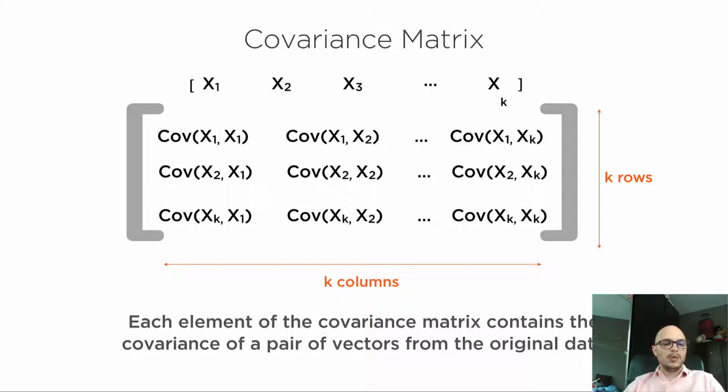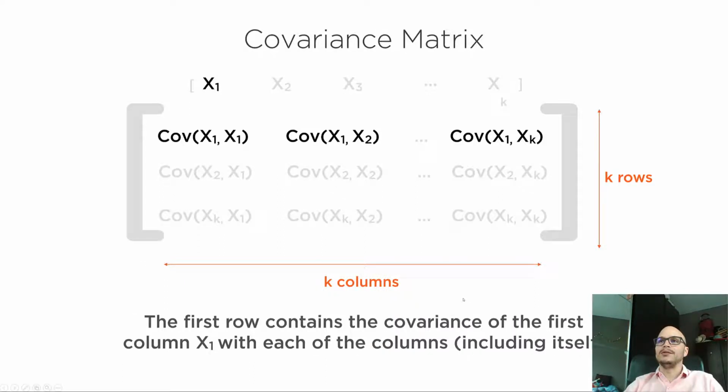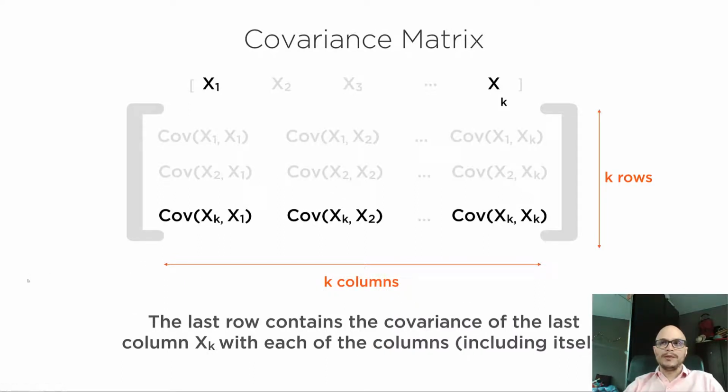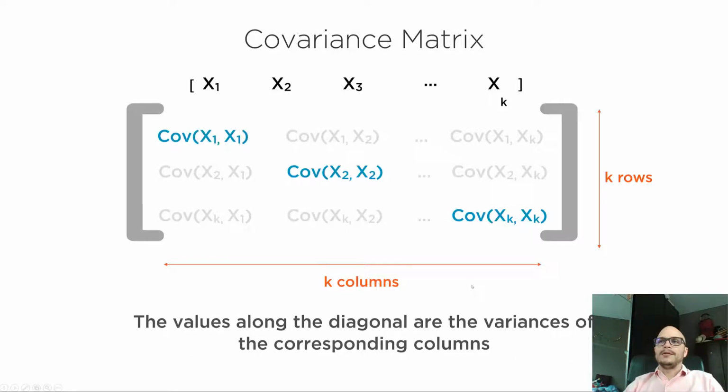When you see a covariance matrix describing the pairwise relationship that exists between each pair of variables, you will see that the matrix is symmetric in nature, like you see here. The value at row i and column j is the same as that at row j and column i.